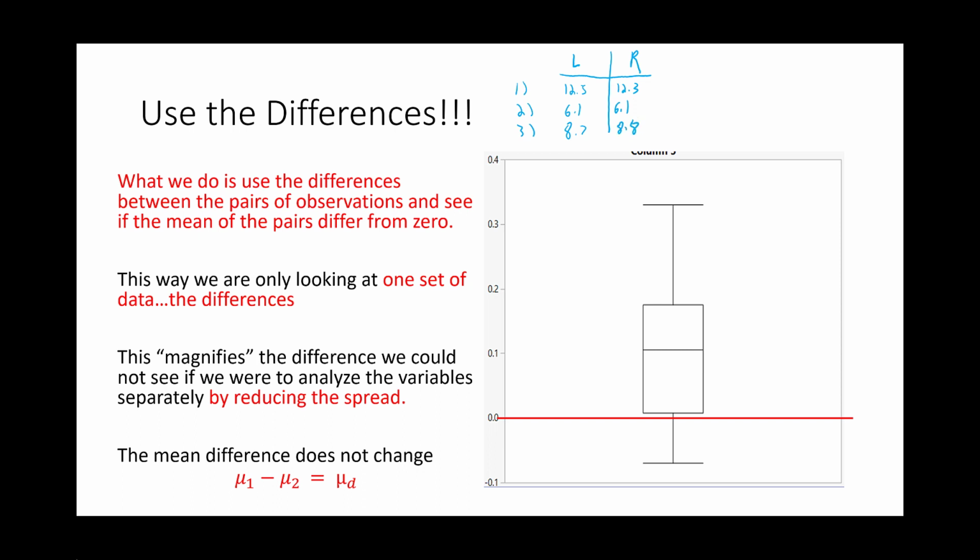What we're trying to test is, is there a difference between the mean of left feet versus the mean of right feet? So what we can do, since this is paired data, is find the difference between each pair of individual observations. Let's make a new column of data which we'll call the differences.